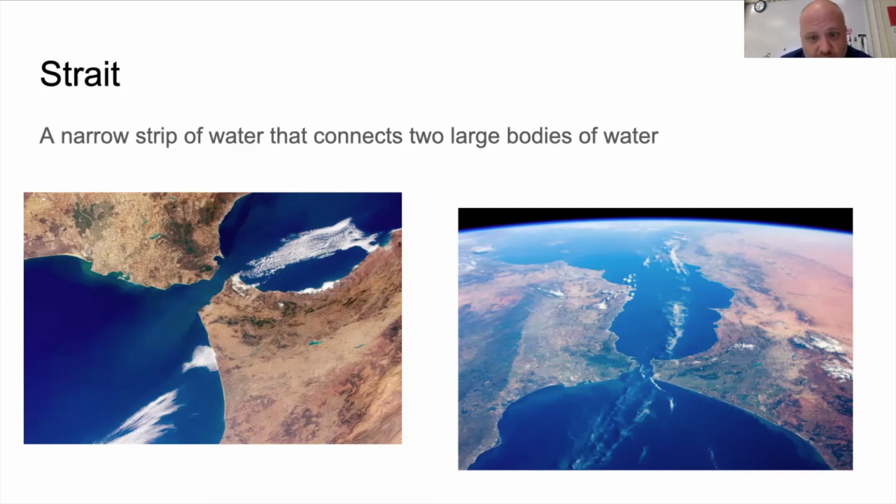Just about anywhere you see two pieces of land almost connecting, you can also find a strait. Again, a strait is water. Think of the S as sea, like it's the ocean, the sea. A strait is water. It does the same thing as an isthmus. It's just connecting two large bodies of water.